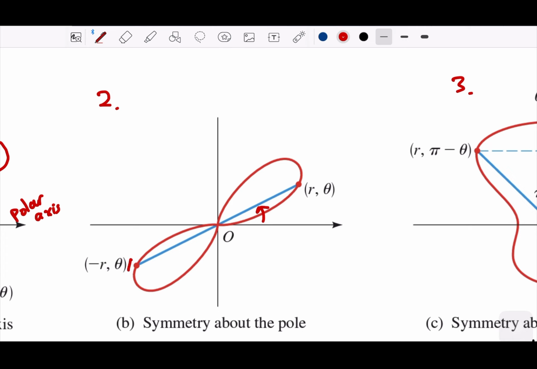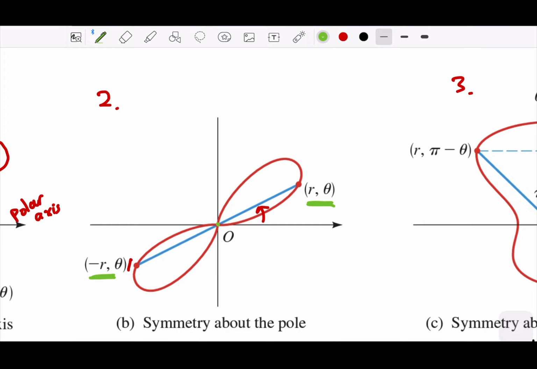So we say that this is symmetric about the pole. You could imagine the pole being in the middle, like a pole that goes through your eyes, and we see that the positions are opposite each other.